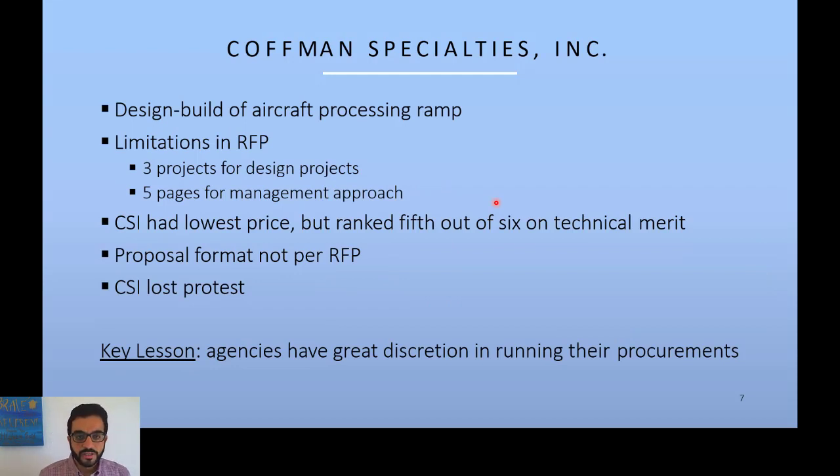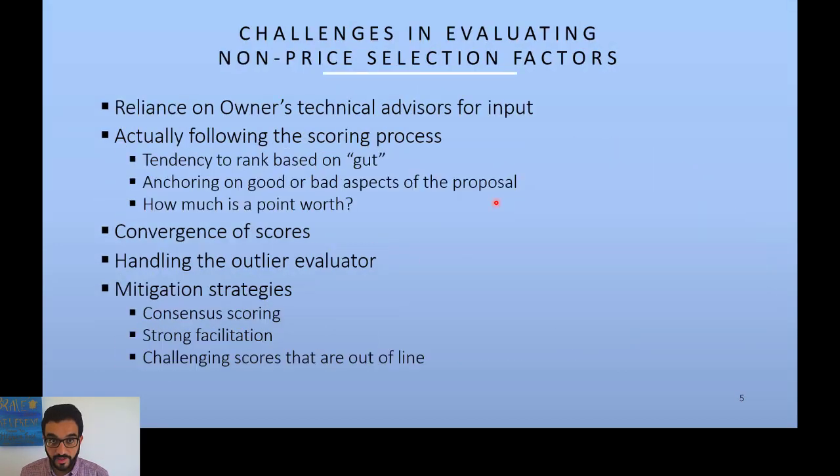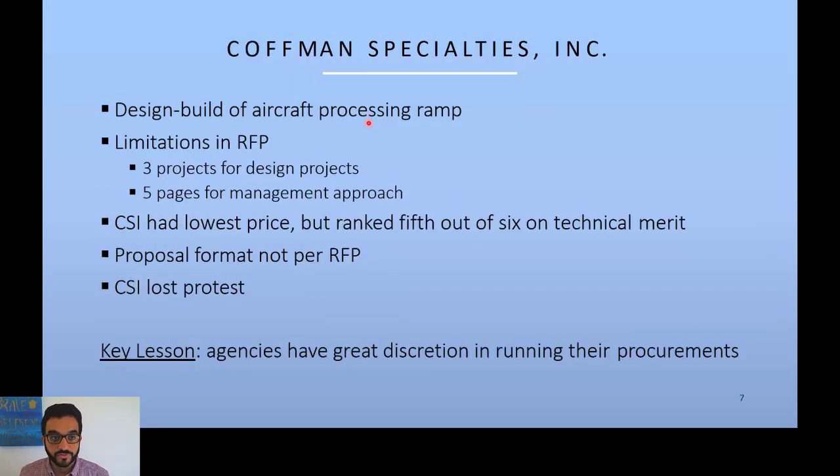There are examples of good cases and bad cases of handling such non-price selection factors. This case is Kaufman Specialties.